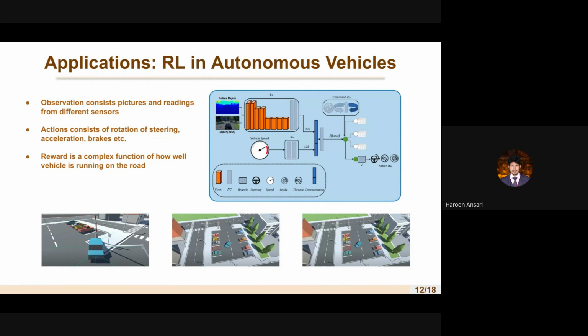The agent takes the action, observes the state, and the reward comes from this complex function, and based on that reward it improves its policy. Below is a demonstration of how the car learns to park. Initially it is hitting the obstacle and getting a negative reward, and over time it learns to park at the right place.